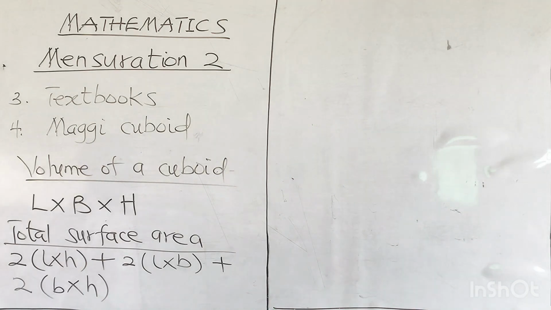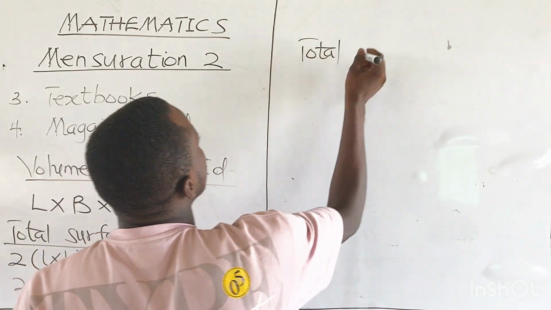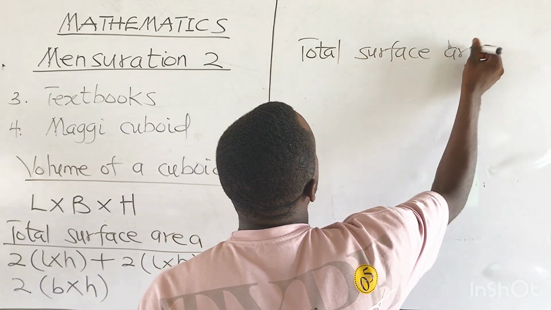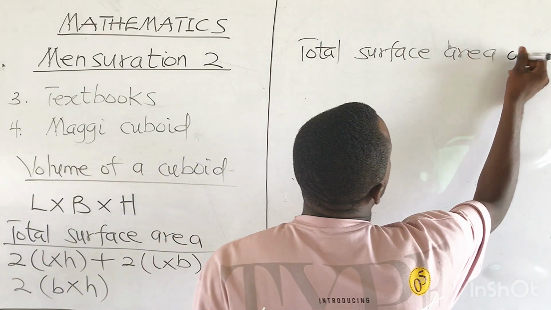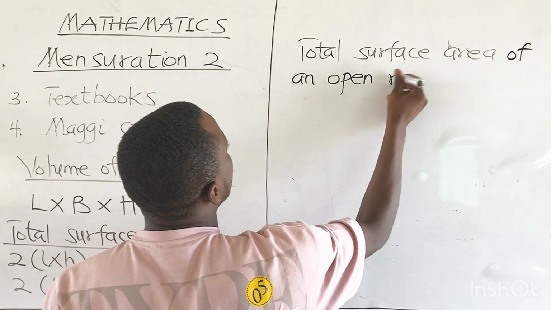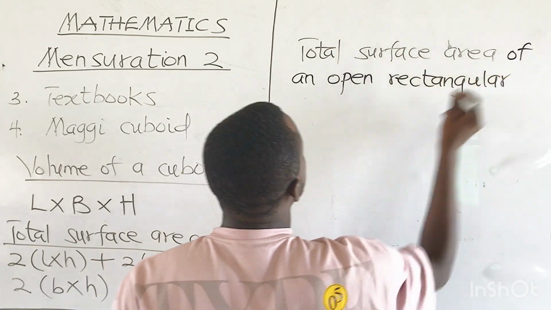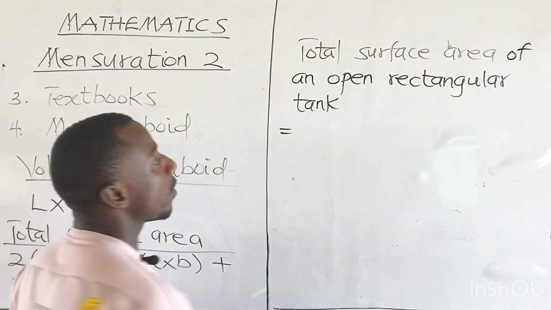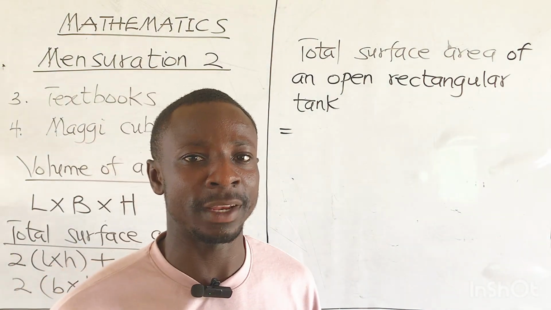So when you're asked to find the total surface area of an open rectangular tank, we are going to look at how its total surface area will be.